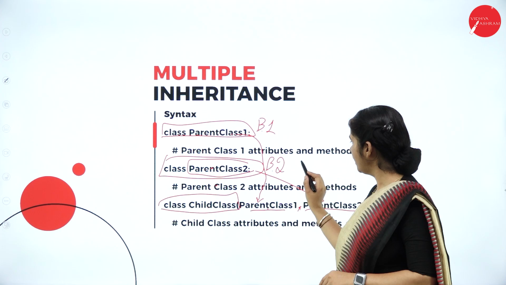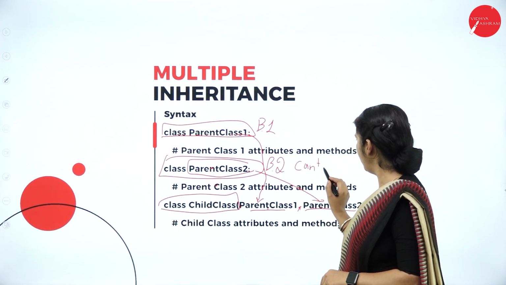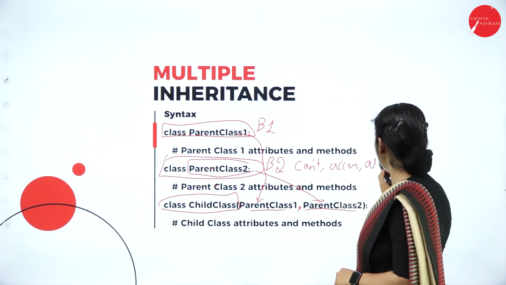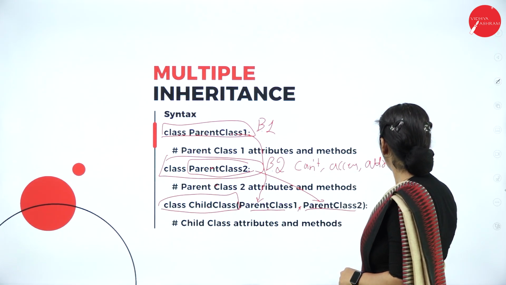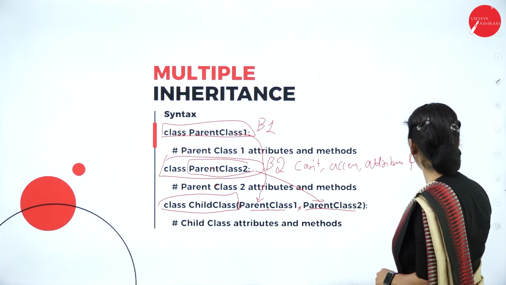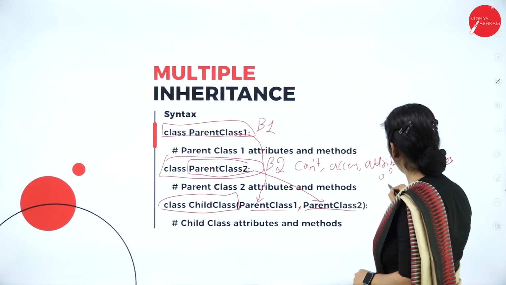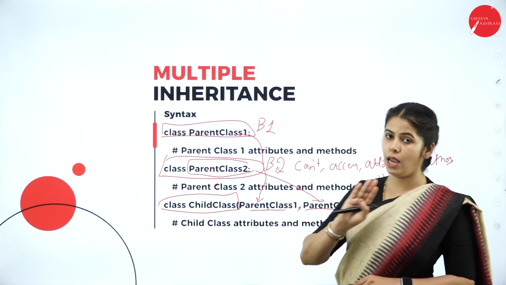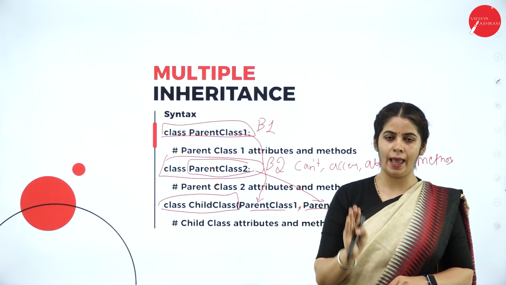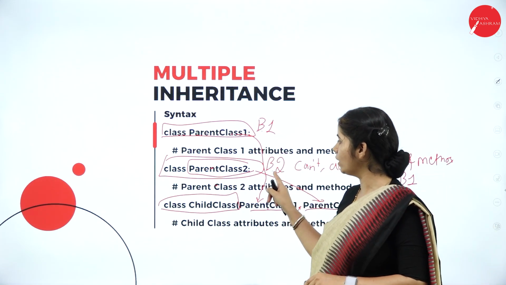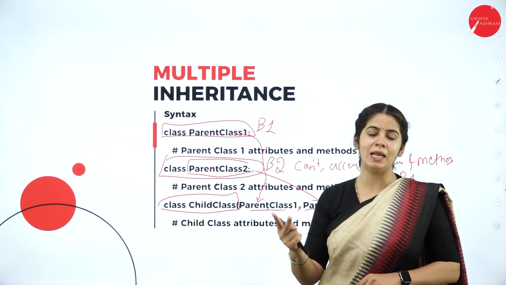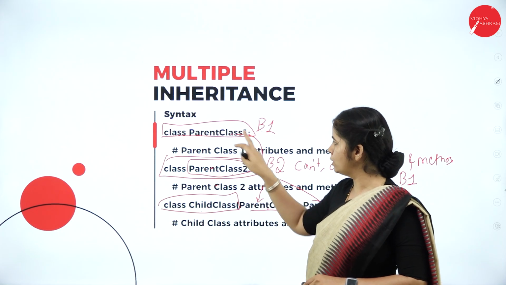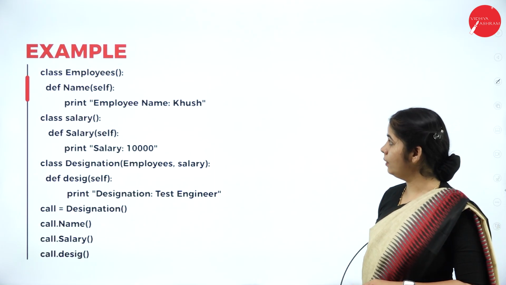So base class 2 cannot access attributes and methods of base class 1. Okay, base class 2 cannot access the methods and attributes of base class 1 because it is not inherited. These are two separate classes. But the child class can access base class 2 as well as base class 1 attributes and methods.